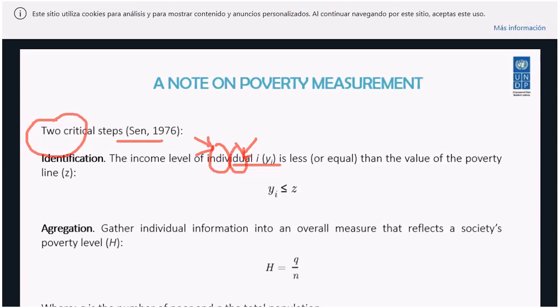What should we use? Per capita income or what? Imagine a household of 5 individuals, right? So 3 individuals within that household earn money from labor, right?